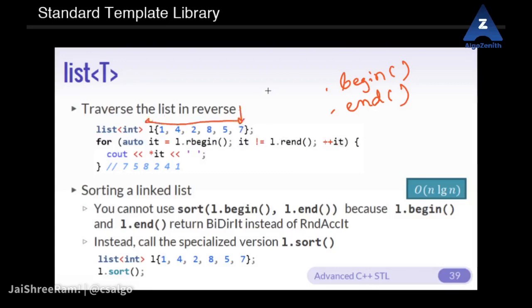So this is defined as rbegin, and before this, the element over here is defined as rend, and this iterator moves in this direction.